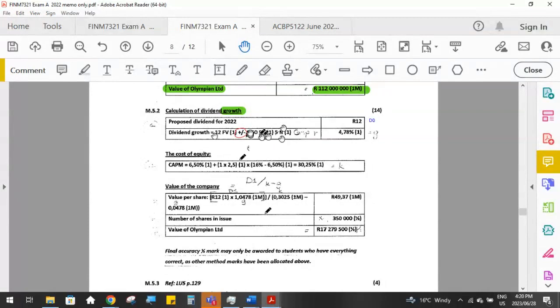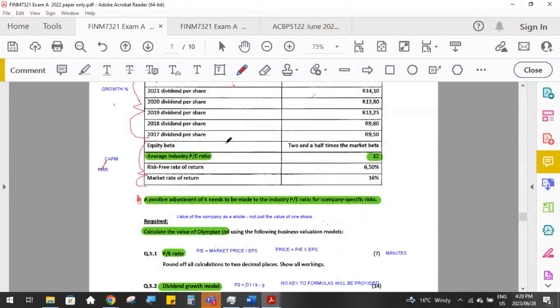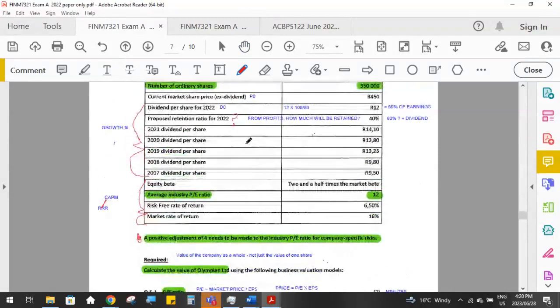And then we want to know the value for N. How many years growth have we got? This is one where students often get tripped up. What we want to work out here is how many times the dividend grew. The first dividend is R9.50 in 2017, and the latest one is R12 in 2022.